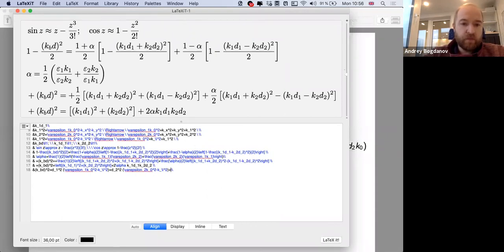Let me consider maybe a sum. Alpha is a fraction, and here epsilon square k1 square plus the same story for k2 square, and here in the denominator I should write epsilon, and here 2 and 2.